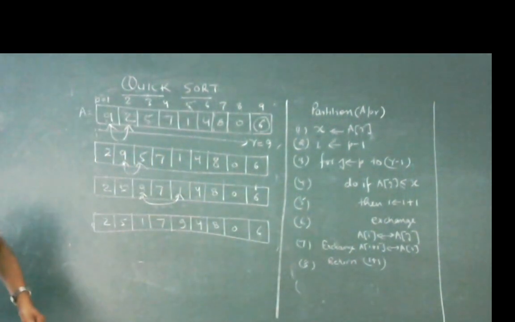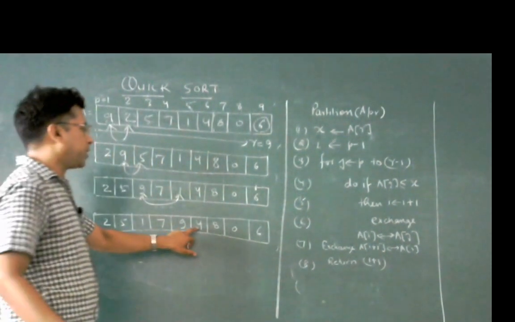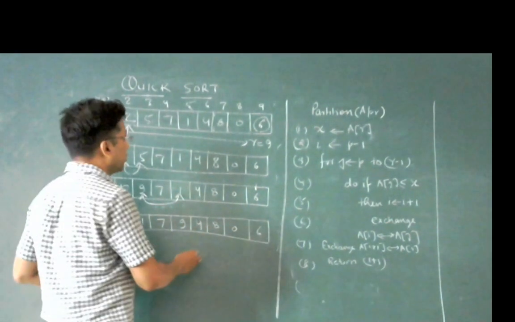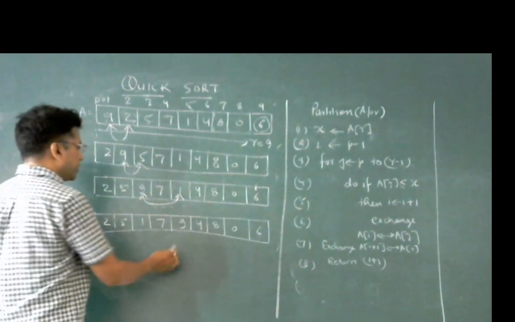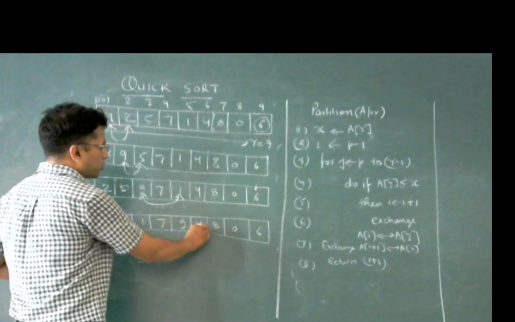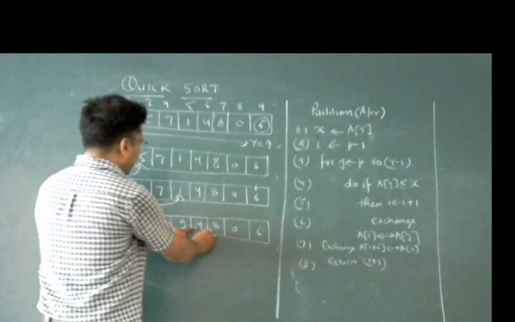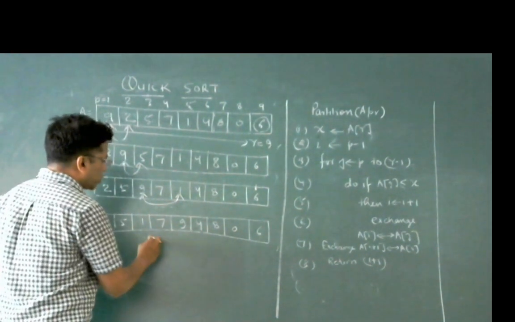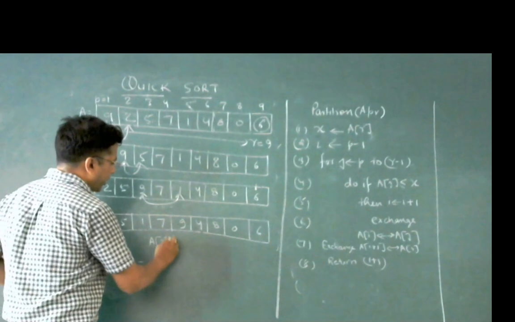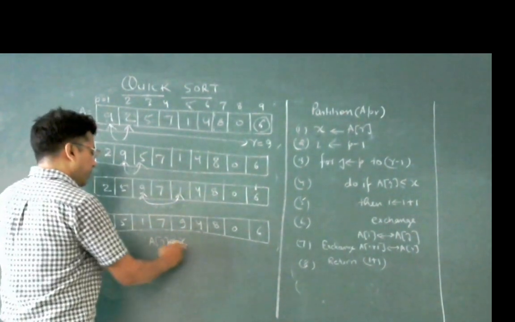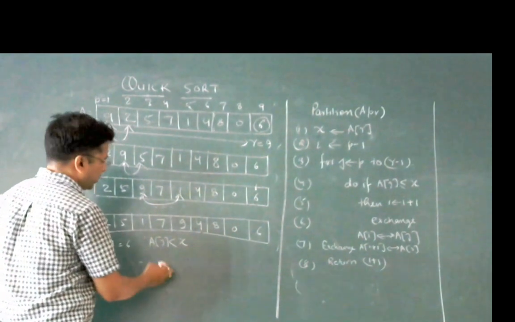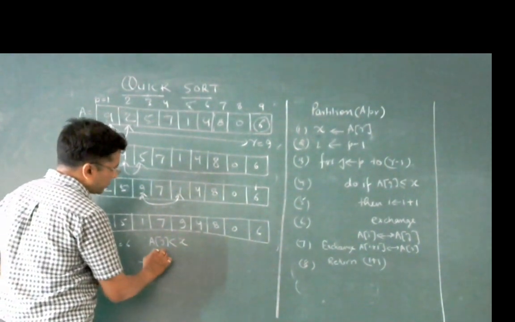Okay, again the next element is also smaller than 6. So this element would again be swapped. For j equals to 6, again the condition is satisfied. aj is less than x, so aj is less than 6.